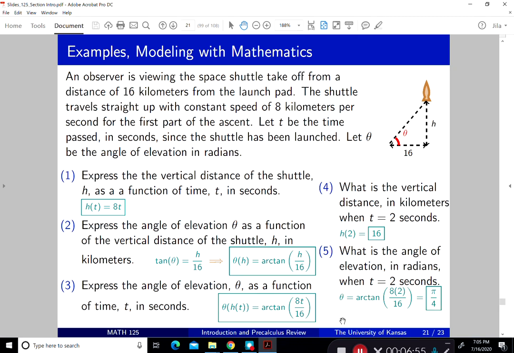And that is pi/4. One thing that we want to notice before moving to the next example is this. When you relate theta as a function of time, or as a function of height, in calculus you can also relate the rate of change of theta to h or time, either one.